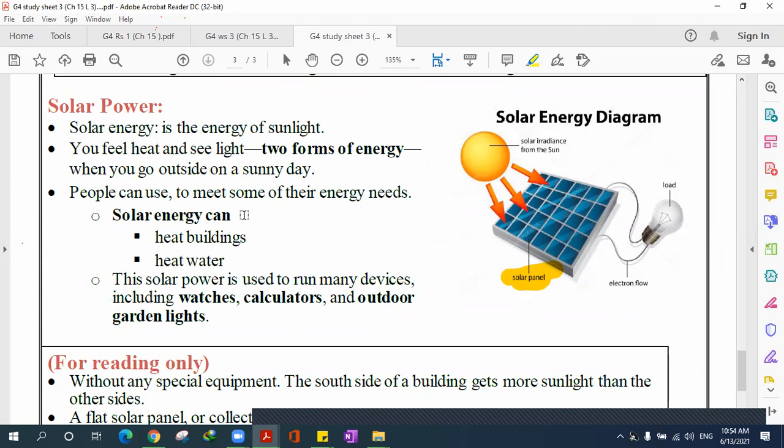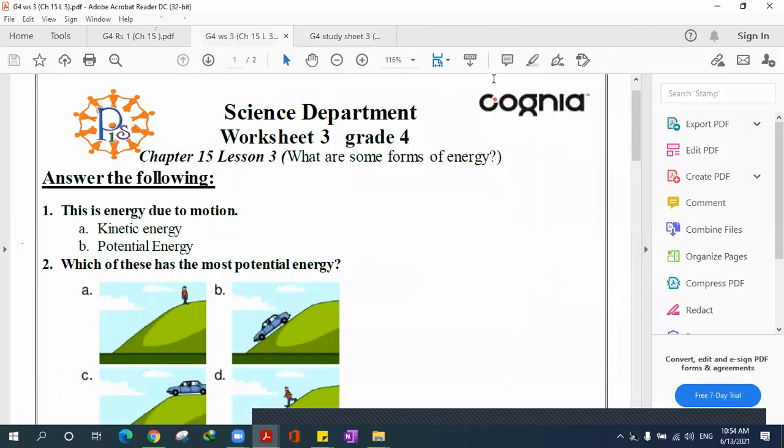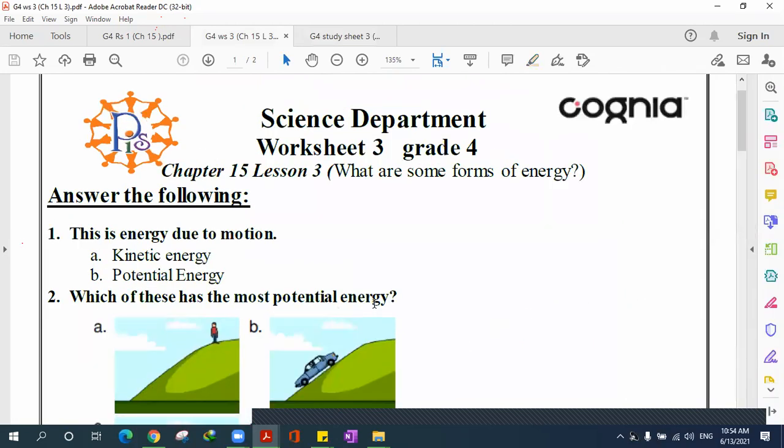But heaters also need electricity. So in this case, it's kinetic energy now. Okay, so it changed from potential to kinetic, and then kinetic to electricity. But all I want you to know is that it's solar energy, and now we use solar energy to produce electricity. That's it. Okay?